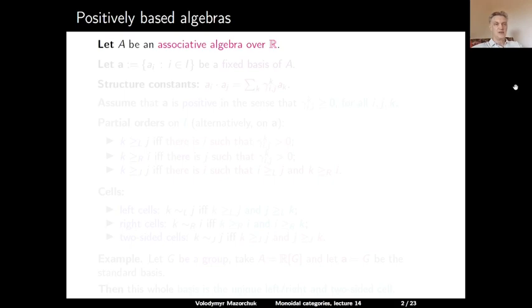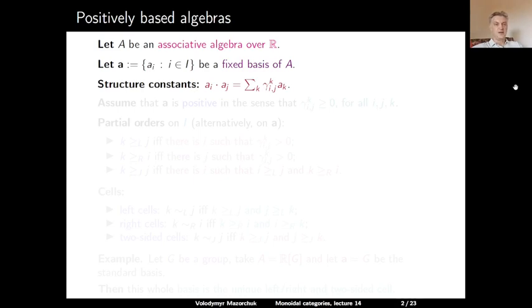Let A be an associative algebra over the real numbers. Let bold A be a fixed basis of A. It consists of elements a_i, where i goes through some indexing set I. Since we have chosen a basis in our algebra A, we can define the structure constants for our algebra in the following way.